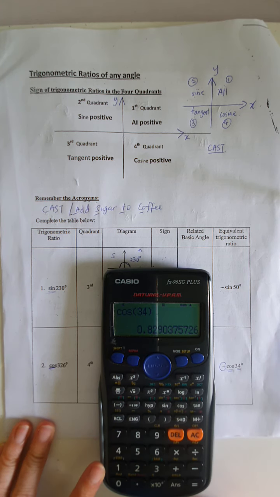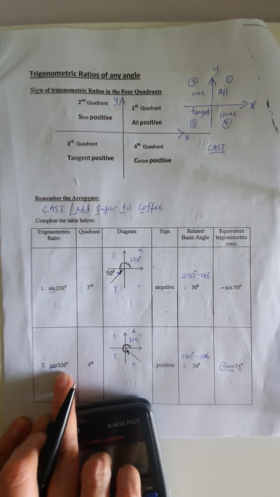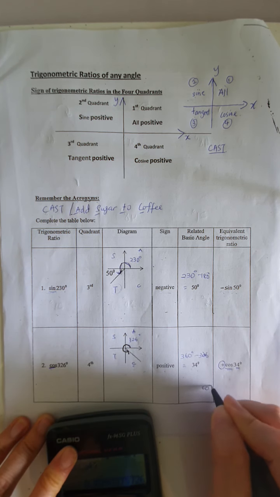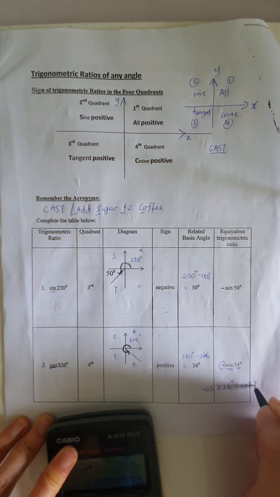So cosine 326 degrees is actually equal to cosine 34 degrees. Okay, now let's move on to the next page.